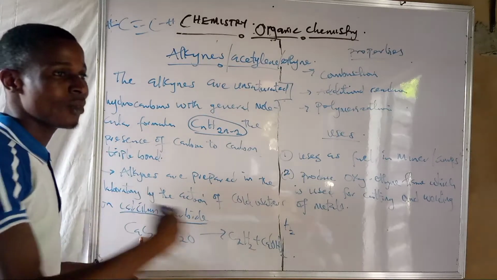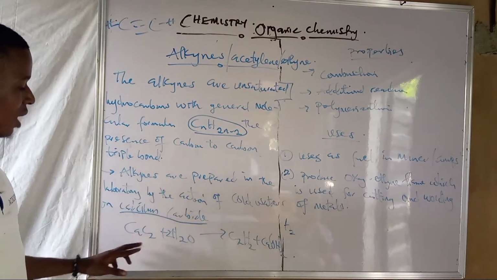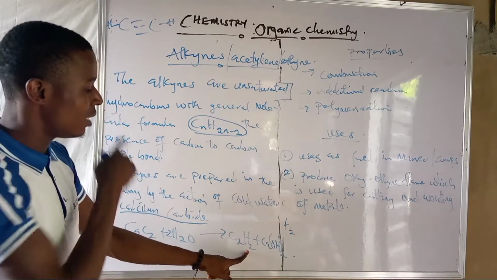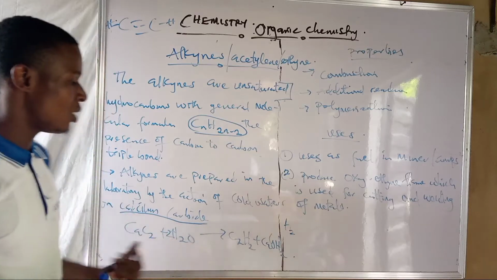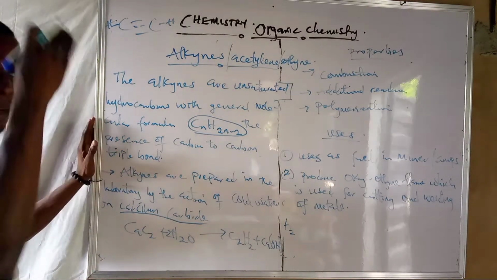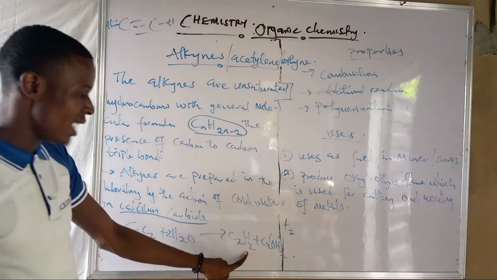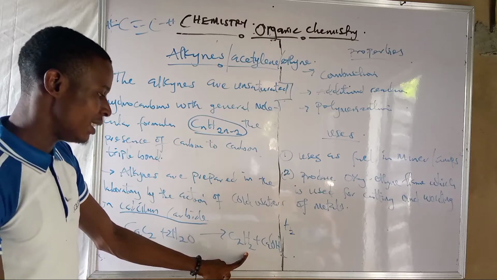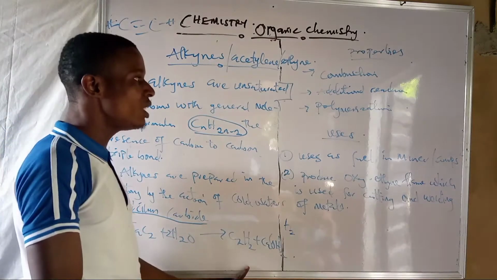They are not organic compounds. When this one dissolves in cold water, it gives us ethyne plus calcium hydroxide. So that's the preparation. Using the same method, apart from ethyne, you can prepare propyne, butyne, pentyne, octyne.